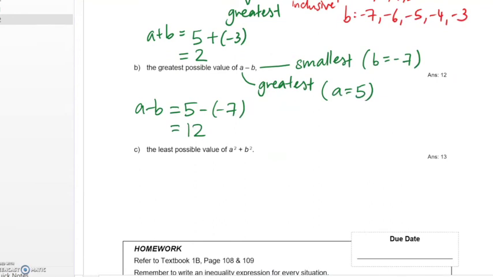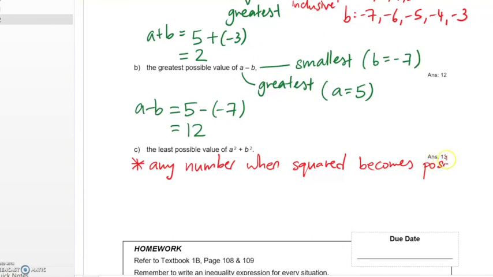Okay, now let's look at part C, where it gets a bit more tricky. The least possible value of A square plus B square. The property that you need to take note of in this case is that any number when squared becomes positive. So here we are looking for the least possible value of A square plus B square. It means that the numbers, when we square them, become positive.